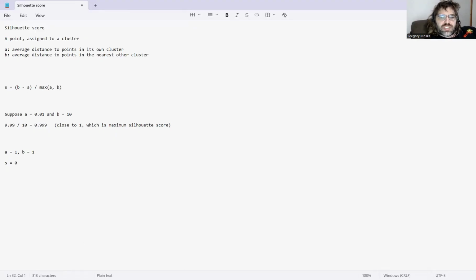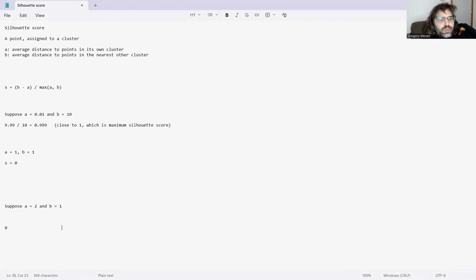Now, last case. Suppose A equals 2 and B equals 1. Well, this is kind of bad on the face of it. It's saying that this point is closer to a different cluster than it is to its own cluster.